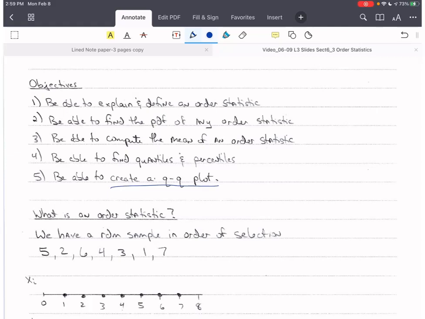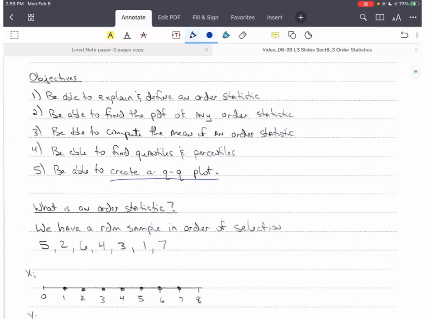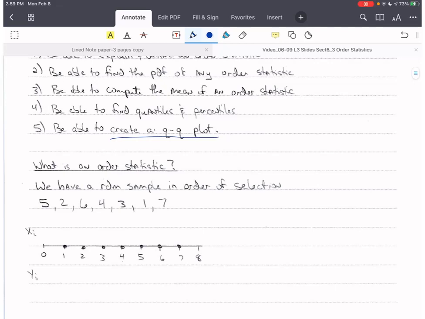The best way to answer this is maybe to give you an example. So we have a random sample of n equals 7, and the order of selection is given below. So this is how we obtain these numbers. We randomly chose, and this would be x1, this would be x2, x3, x4, x5, x6, and x7.